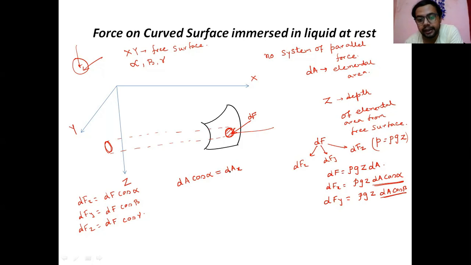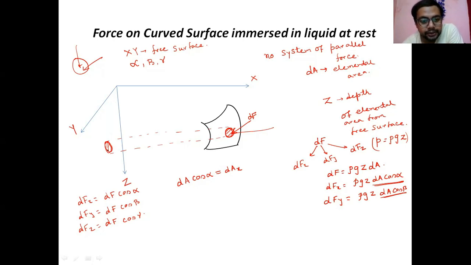We project the area dA on the yz plane. Now consider it just a plane surface type problem, because as you project on a two-dimensional plane, a curved surface becomes just a plane surface problem, which you have seen in the previous way.